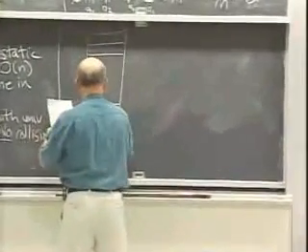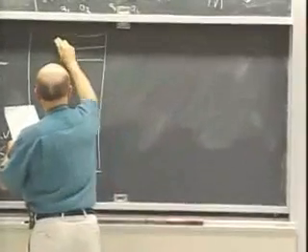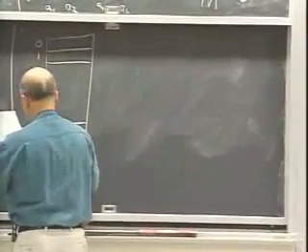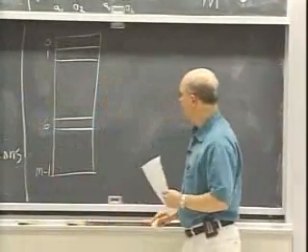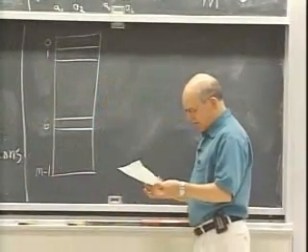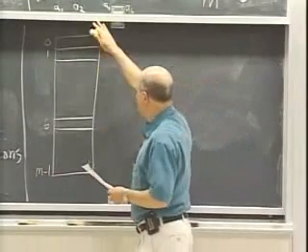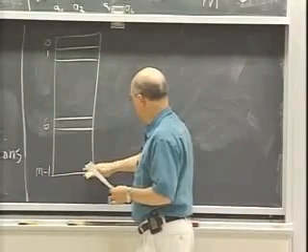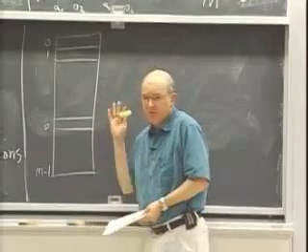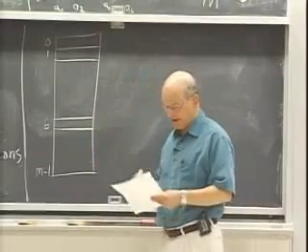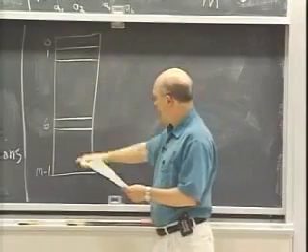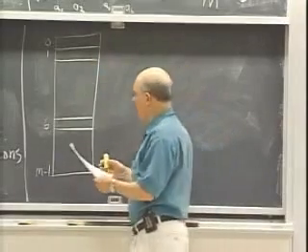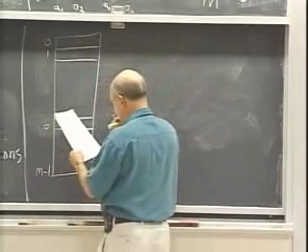So we have slots 0, 1, let's say 6, up to m minus 1. So here's our hash table. And what we're going to do is use universal hashing at the first level. So we find a universal hash function; we pick a hash function at random, and we hash into that level.